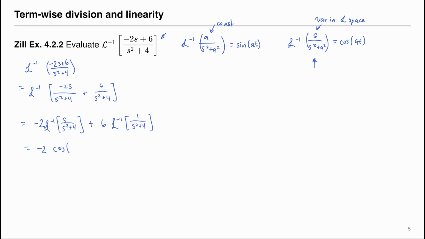Cosine of a t, where a squared is equal to 4, so a equals 2, gives cosine of 2t. Plus the inverse Laplace transform of 1 over s squared plus 4, where we use the sine property. 4 equals a squared, so a equals 2, and we have sine of 2t.